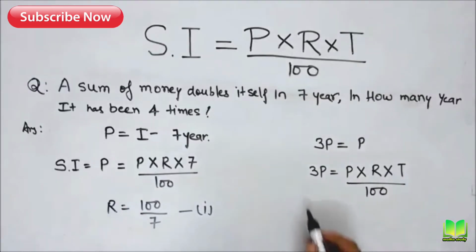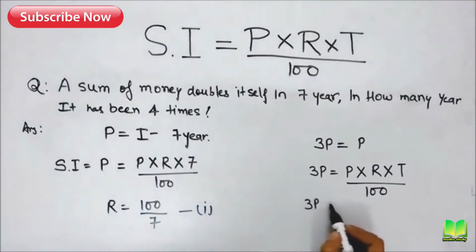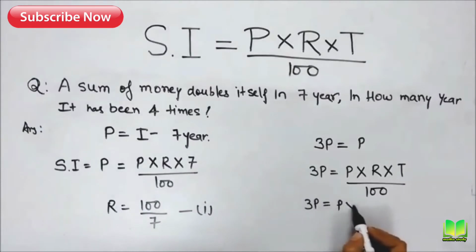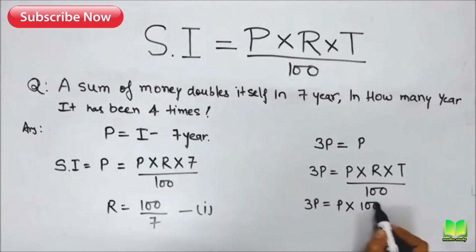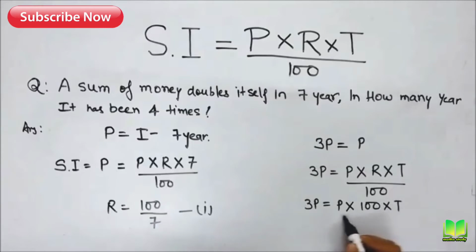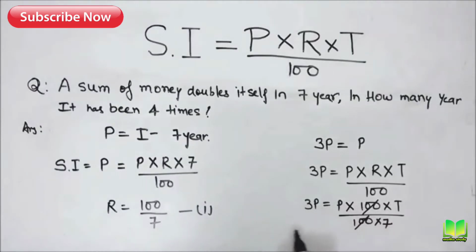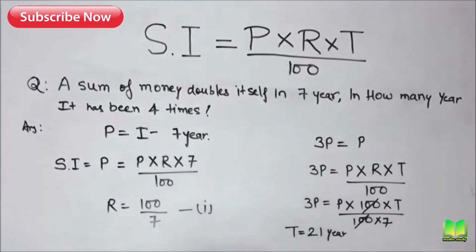We have the value of R, that is thrice of P into 100 into T divided by 100 into 7. From here you can find the value of T, that is 21 years. In 21 years it will become 4 times.